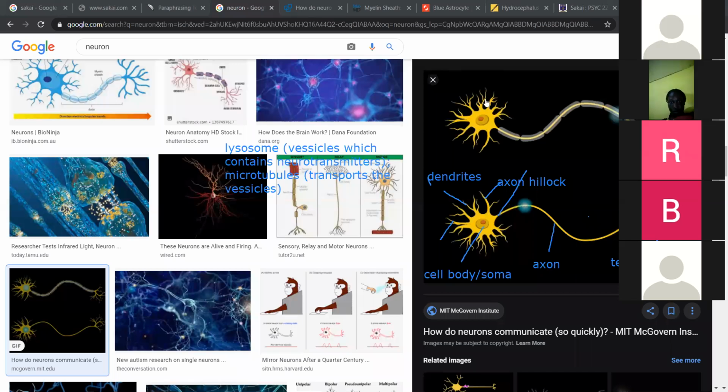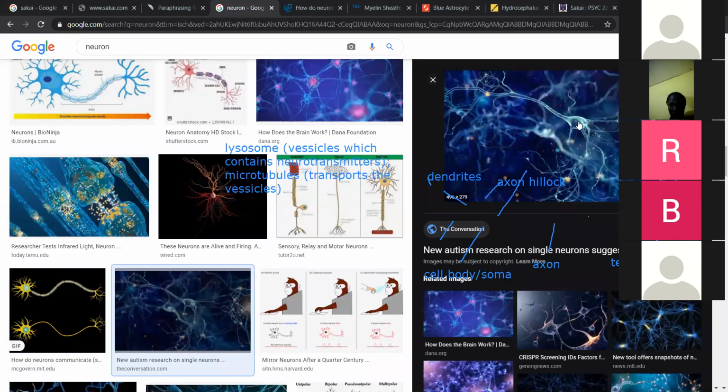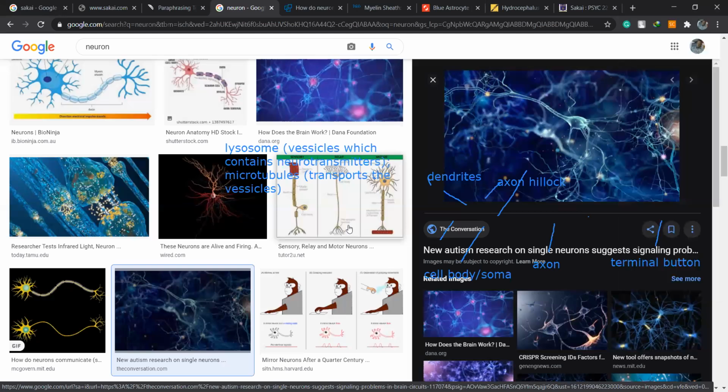Exactly. So within the brain, there are a lot of neurons connected. Something like this. These are several neurons. So this is one neuron, this is another neuron. So it means an incoming neuron will take information to another neuron.